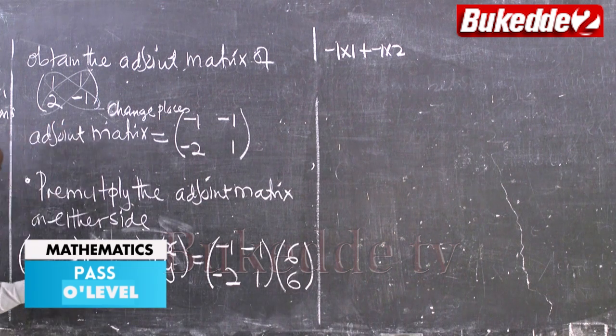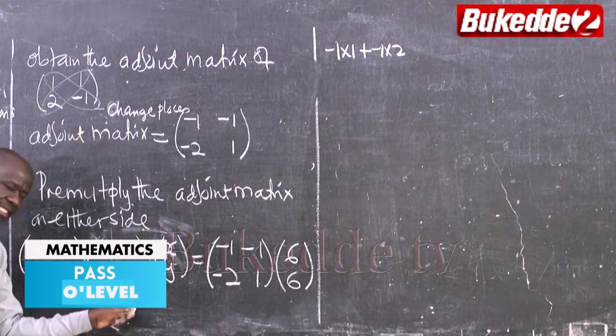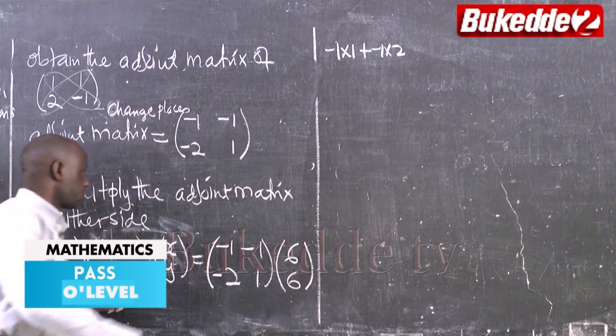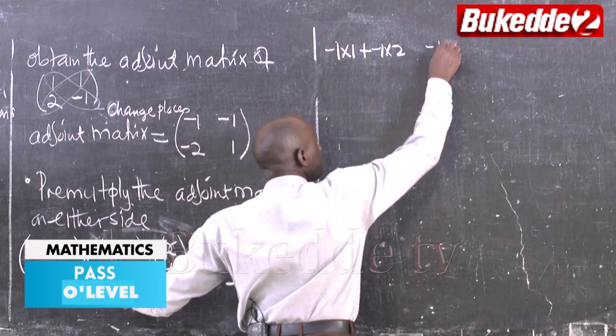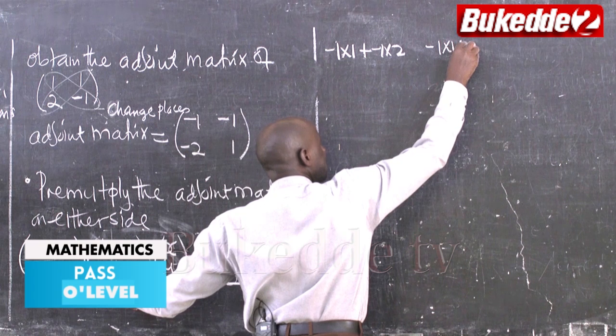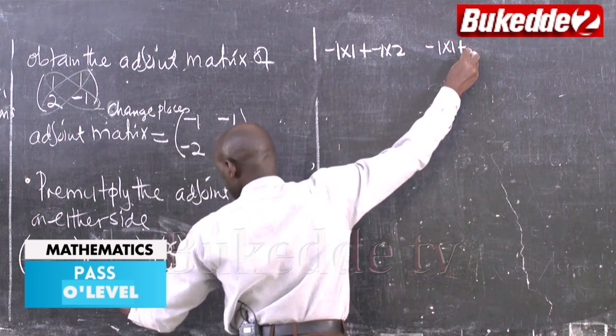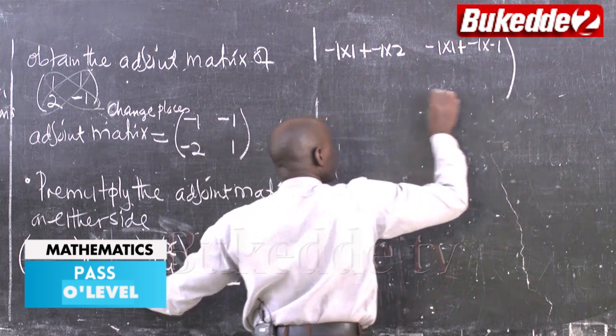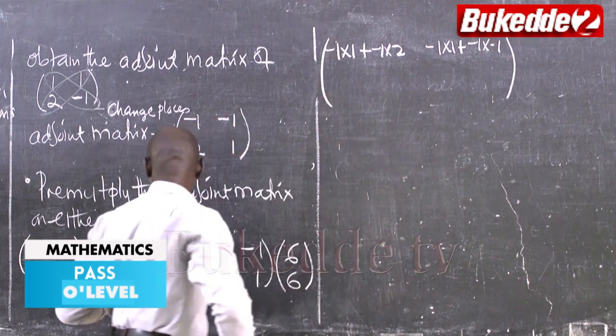The next entry of our matrix is going to be obtained by multiplying this row with that column, where we have negative 1 times 1, negative 1 times negative 1. So we are going to have here negative 1 times 1 plus negative 1 times negative 1. So we're going to bracket that up like that.